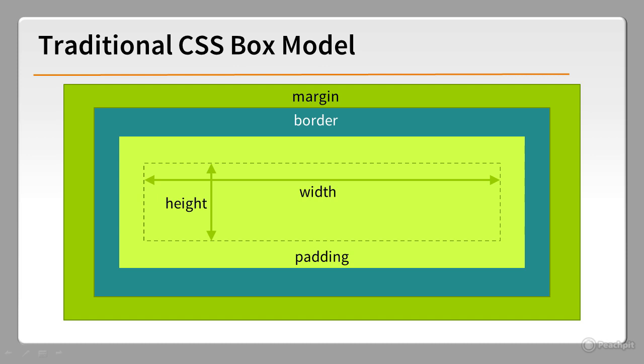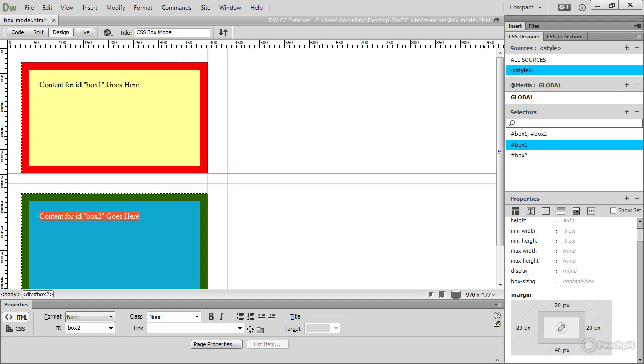There is actually a slightly different version of the box model, so let's go back to Dreamweaver to see how that works. I've got box 1 selected, and in the Properties pane, just above margin is box sizing, and if I open that and set it to border box, you don't notice any difference in design view, but as soon as I turn on live view you should see an immediate difference.